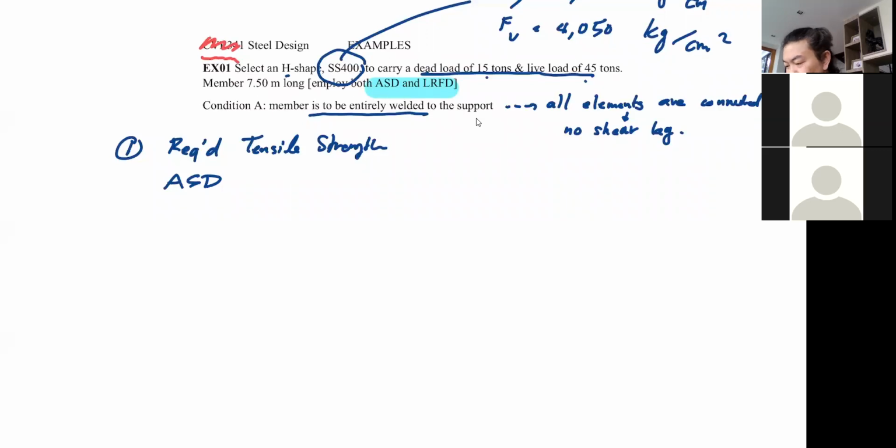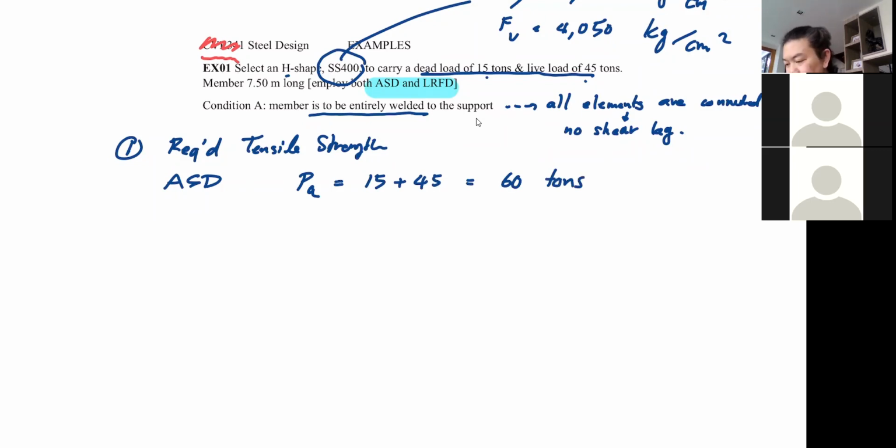Okay, so let's say Pa. ASD is the service load. You can obtain the load combination from the building act most of the time. So the Pa say here that the dead load and live load, you just can add them up. So for ASD, it's going to be 60 tons. Okay? Hope you don't mind that I use the ton force unit.